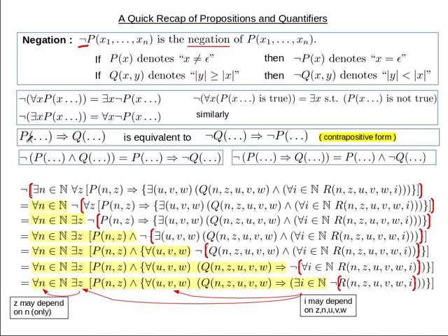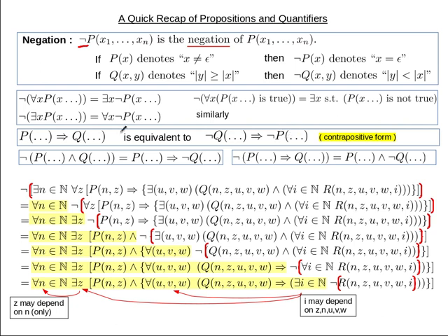Now again, you use this all the time while proving theorems. If you have something like p implies q, it is equivalent to saying that negation of q implies negation of p.